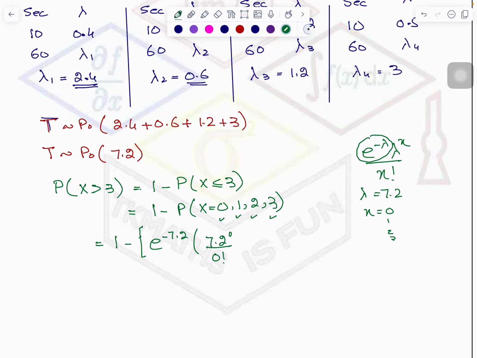I'm just writing this to explain to you; otherwise in the paper we write 1 here, because anything to the power 0 is 1. Then lambda power 1 over 1 factorial, and so on, up to 7.2 power 3 over 3 factorial. Now you just need to use your calculator to get the answer.